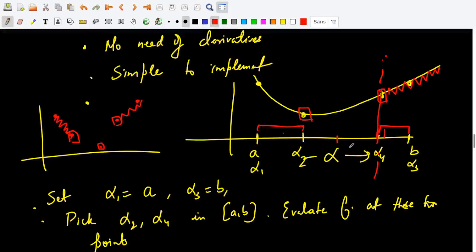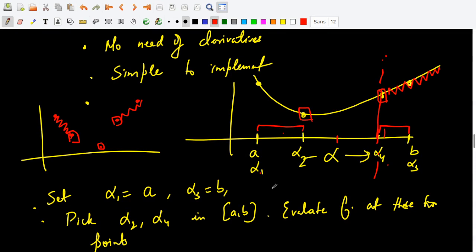So in the next stage, I'm going to pick a point here and plot the function values, and then repeat this procedure again and again until my bracket size shrinks to a very small acceptable length.